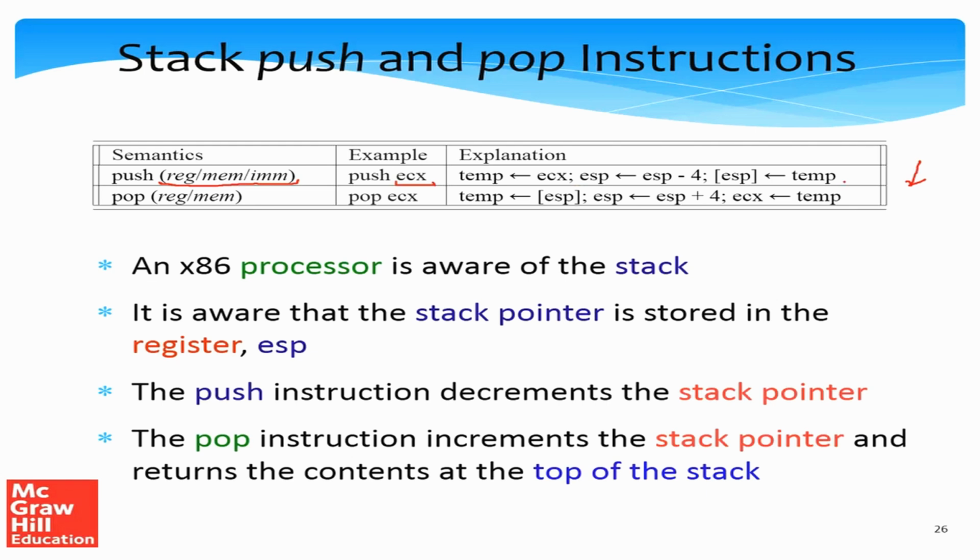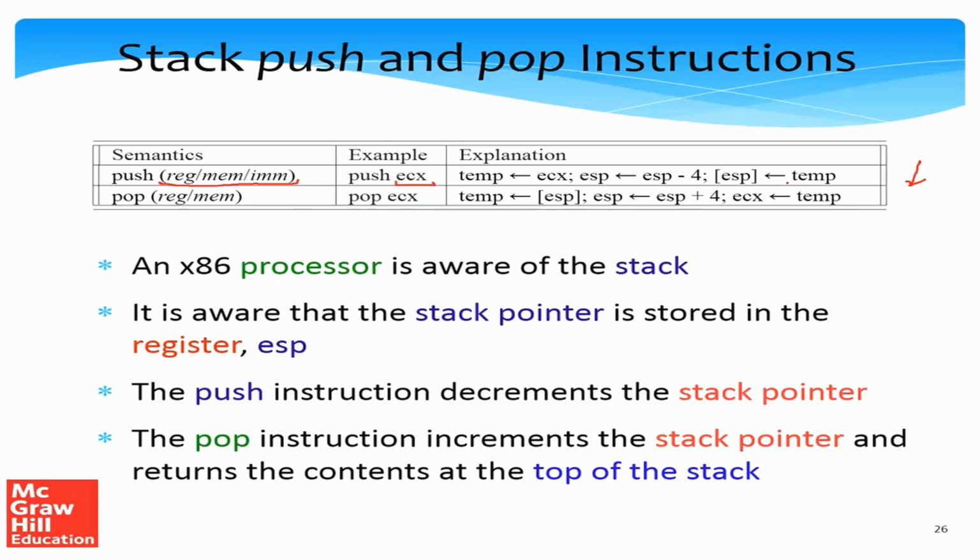Now let's consider the pop instruction. The pop instruction does the reverse. So we'll see in the explanation that the same sequence of steps is just written in reverse to make the understanding easier. In the pop case, we pop the value from the top of the stack and put it in a register or memory. For example, pop ECX.